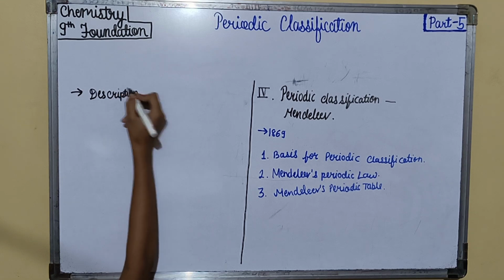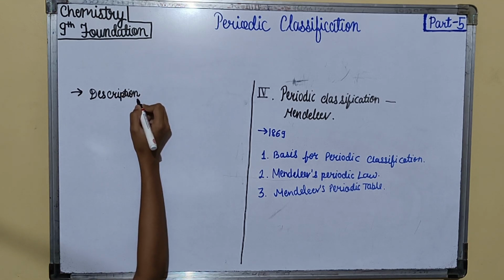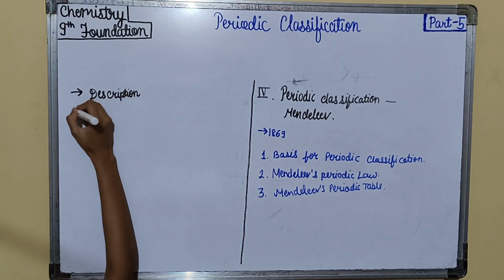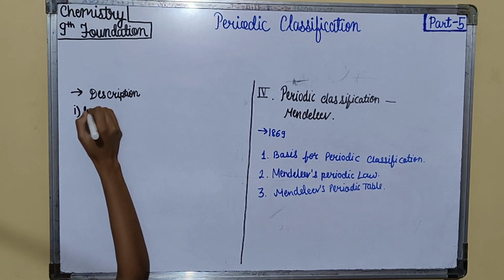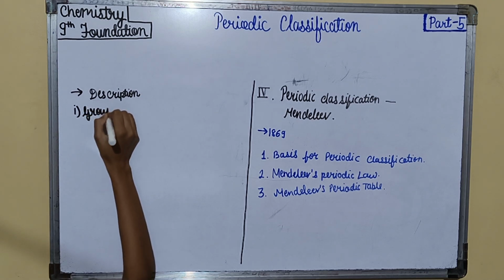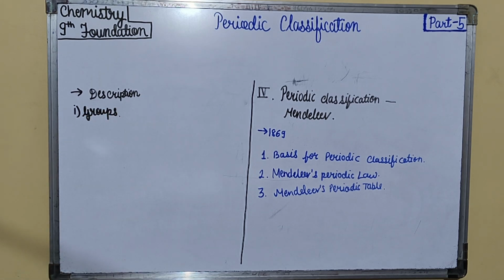In the description, first of all, we are going to learn about groups. In the first point, the vertical columns of the periodic table are known as groups.